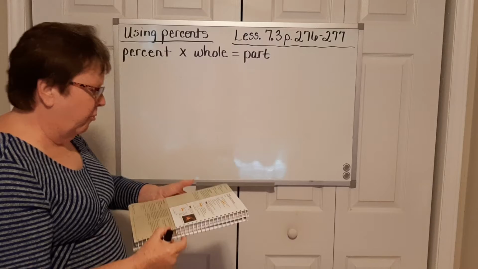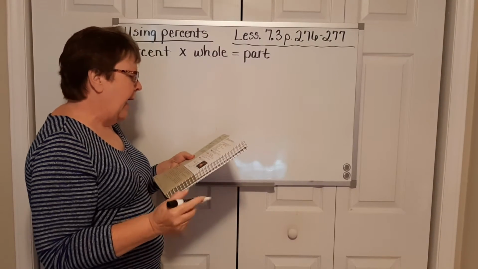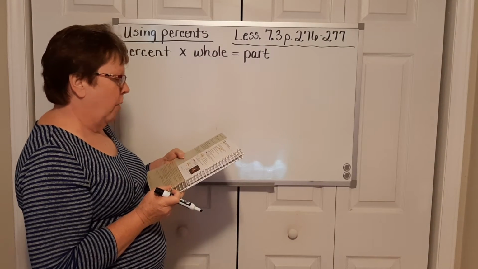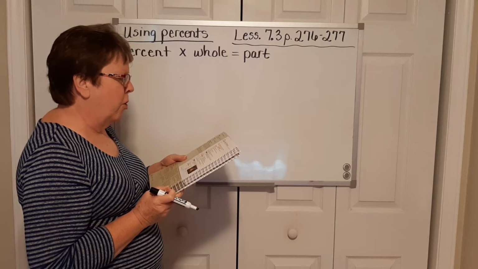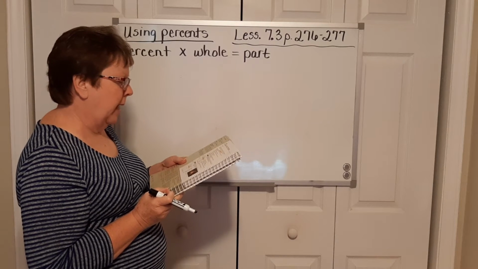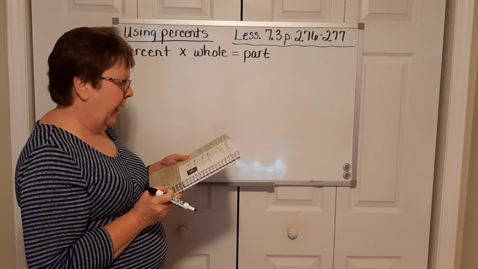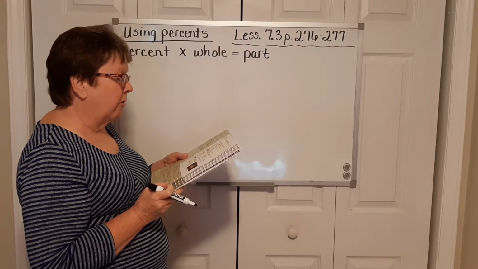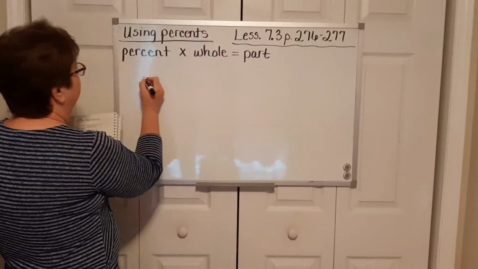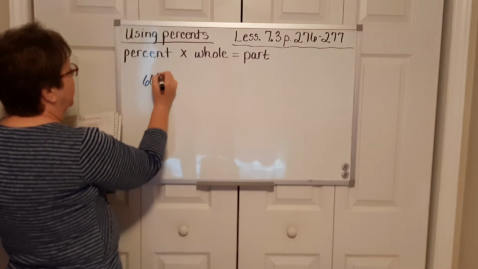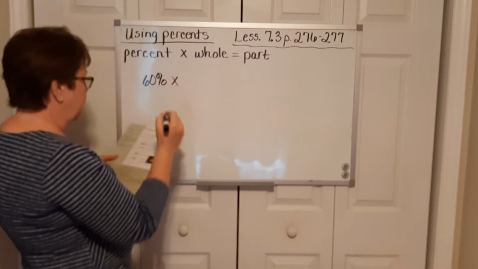We're still on page 276. It says there are 200 kilograms of a metal alloy known to be 60% zinc. How much zinc does the alloy contain? It tells us the percent here, which is 60, so let me put our 60% here, times.